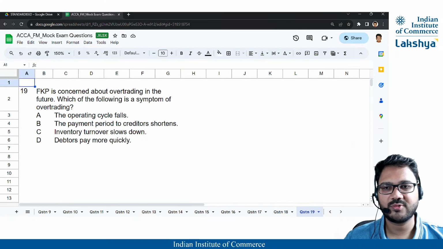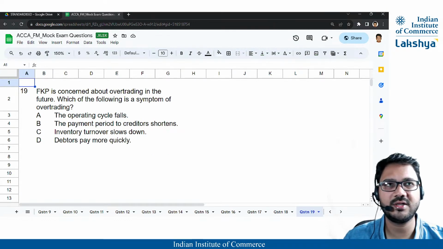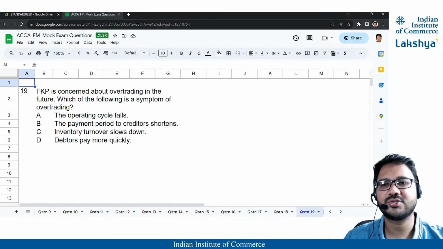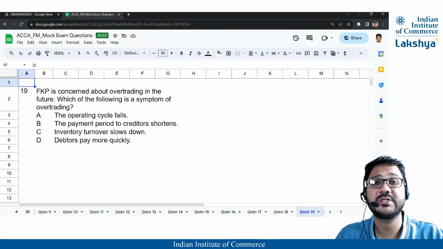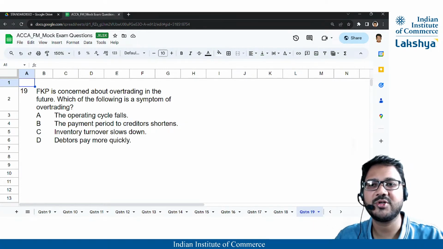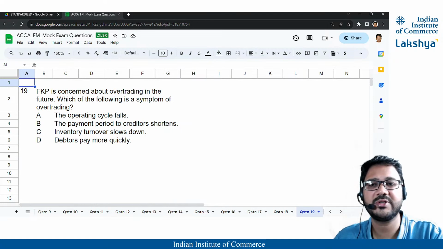Question 19. FKP is concerned about overtrading in the future. Which of the following is a symptom of overtrading? If you remember, everything in working capital had to do with profitability versus liquidity, and overtrading focuses mainly on profitability, not liquidity.